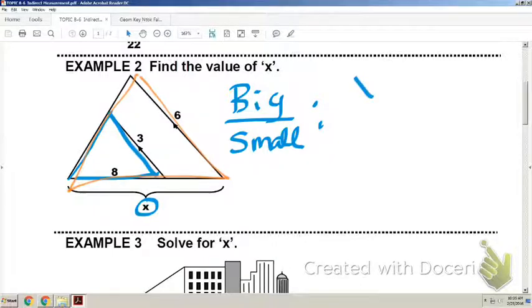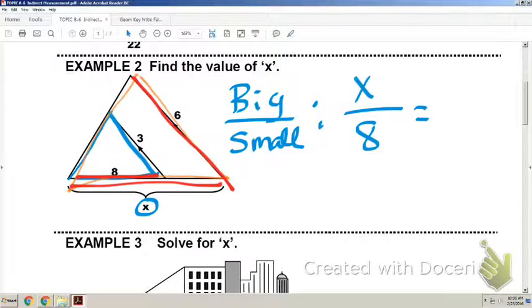So if I choose x and put it over the small side, these are my corresponding sides. So on the bottom of my ratio, it should be 8. Equals, I'm going to choose 6 for the next big side, and it corresponds with 3, so my second ratio will be 6 over 3. Now I can cross multiply.